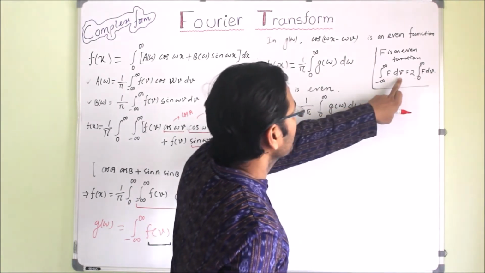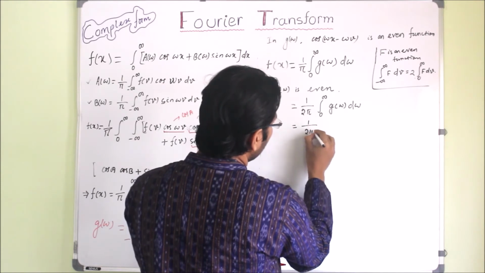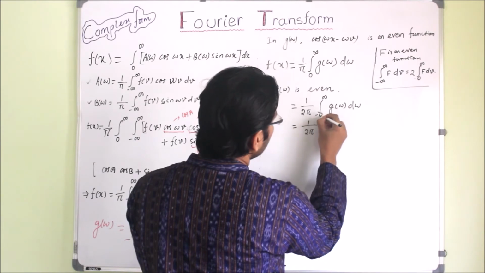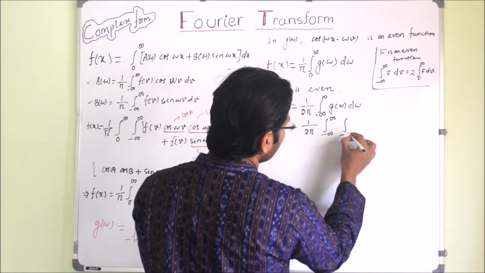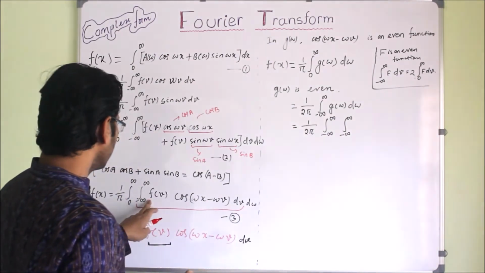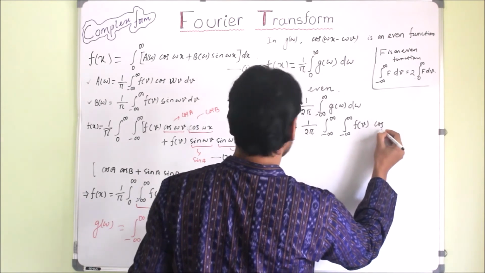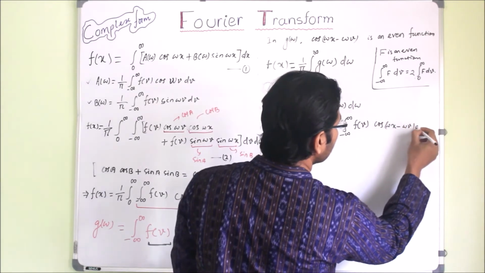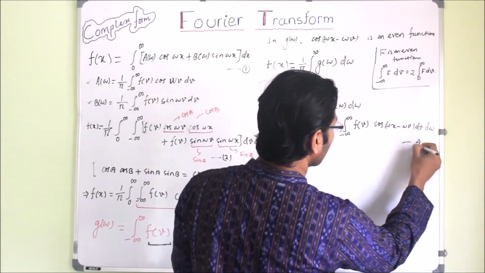Using this relation, if we expand, it will be 1 by 2 pi times the integral from minus infinity to infinity, and again another integration from minus infinity to infinity. We have to write the full form: f of v cos of wx minus wv, dv dw. So this is our relation 4.